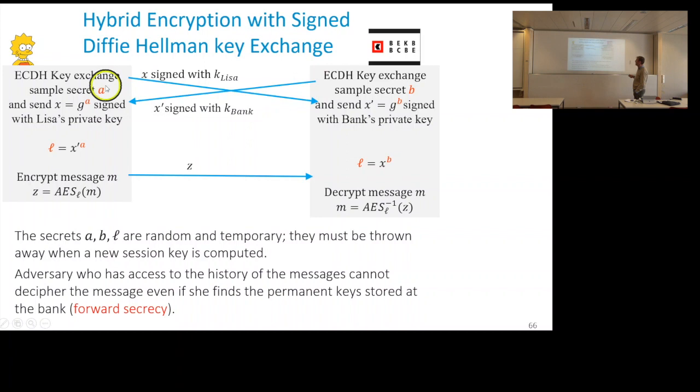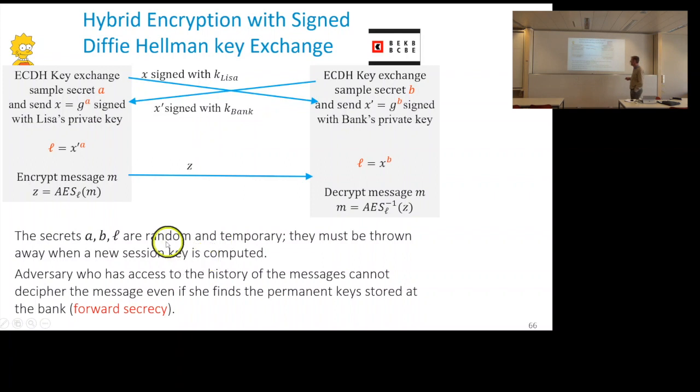So the random number A gives X, and then we will sign X with a key in both directions here. So we will need a private key of each, and then, only then, we will obtain the message here. Note here that we use the key only to verify, not to encrypt. So those things are completely public, so the attacker will have this. But here we are sure, at the time we do that, there is not a man-in-the-middle attack.